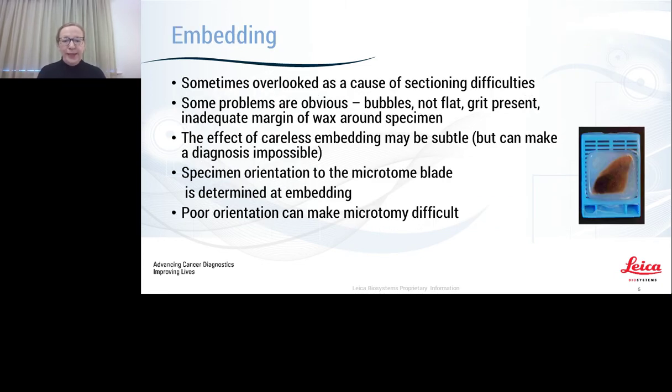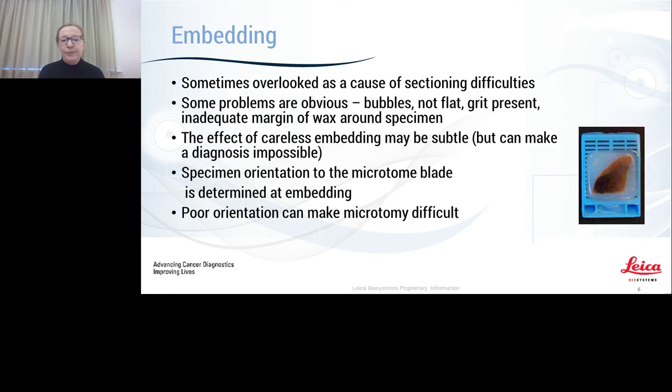So we start with embedding, and this is sometimes overlooked as a cause of sectioning difficulties. Some of the problems are very obvious: a large bubble in the wax, the tissue is not flat so you don't achieve a full face, there's not enough wax around, or somebody has selected the wrong mould by the time you get to cutting.